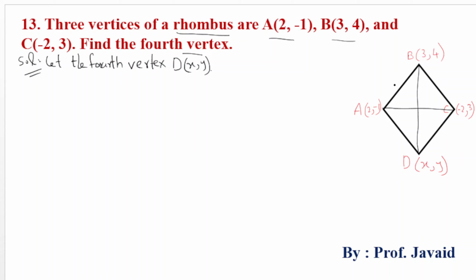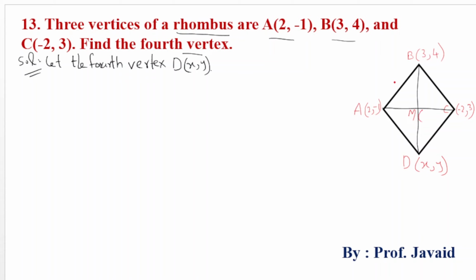If it is a rhombus, then its sides must be the same. Then the diagonals of the rhombus bisect each other, so I am going to find the midpoint of the diagonal. Since D is already used, let me name the midpoint M.